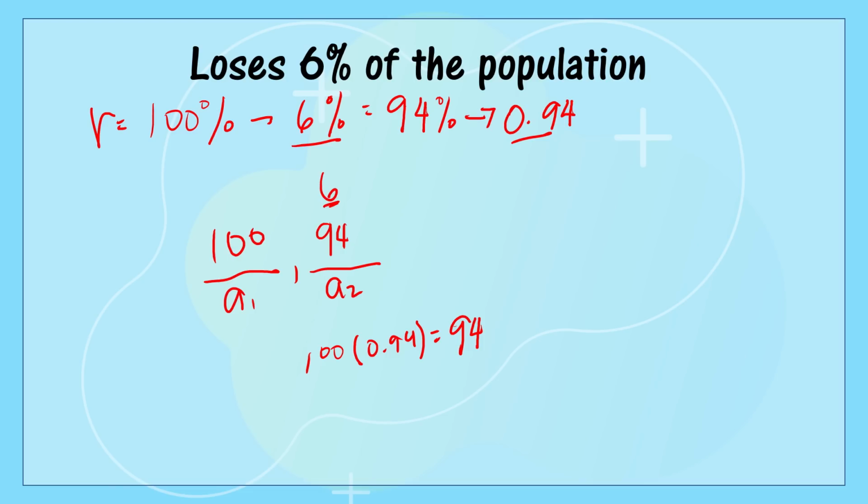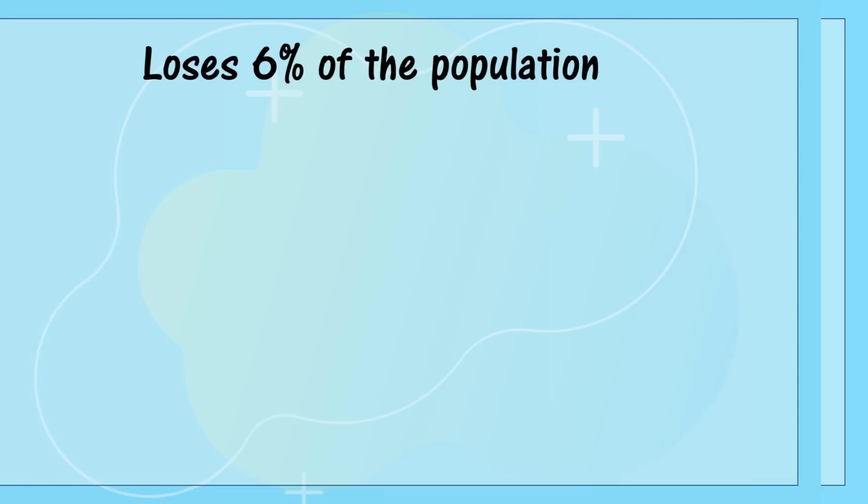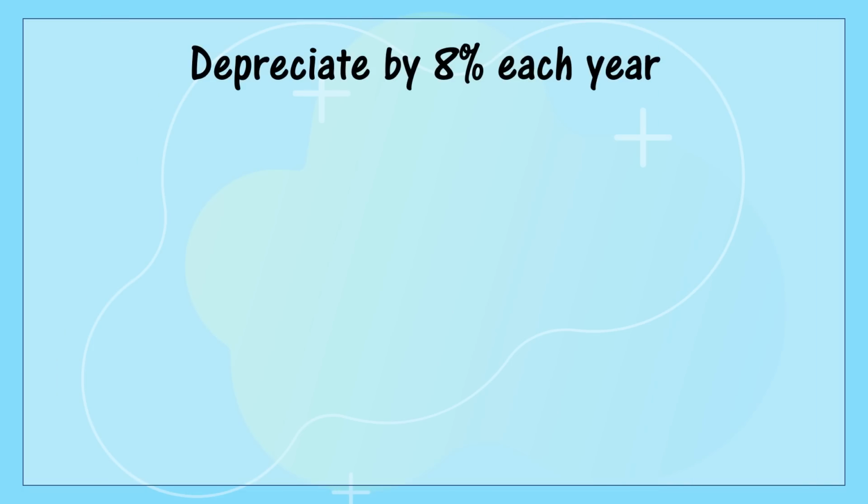So again po kapag nag-i-increase to a certain percent, ang gagawin ay mag-add ng 100%. Pero kapag naglo-lose, nagde-decrease, nababawasan to a certain percent, ang gagawin naman ay i-minus siya sa 100%.